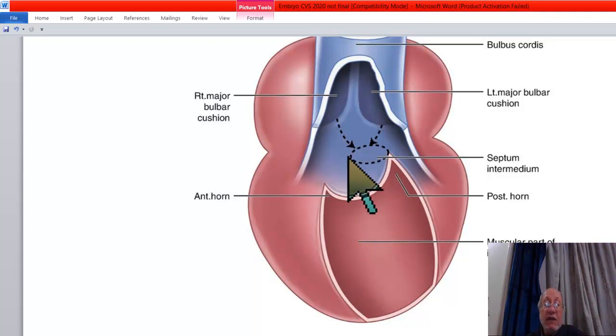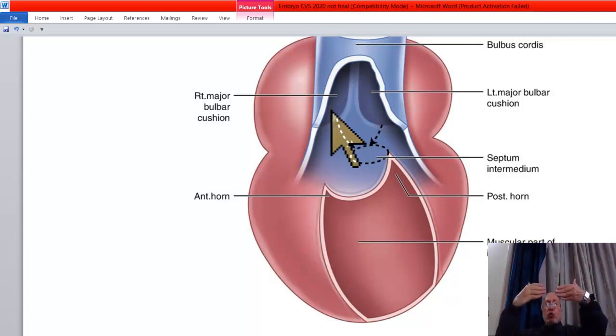First of all, the first structure just above this foramen is the septum intermedium. And to the right side and the left side of the foramen, these two ridges are called right and left bulbar ridge. What are the right and left bulbar ridges?